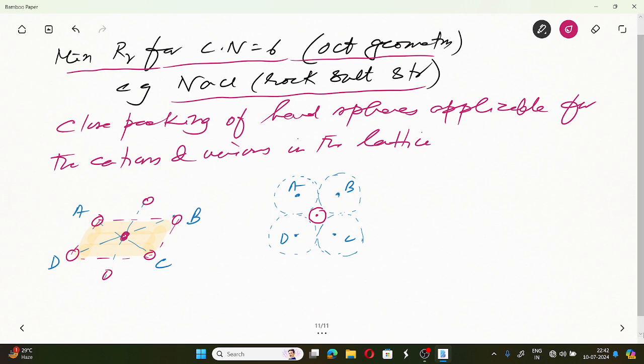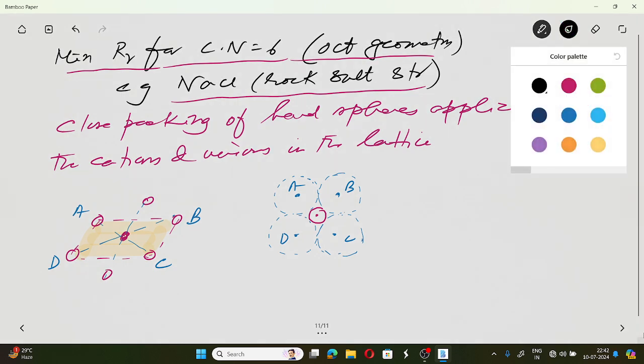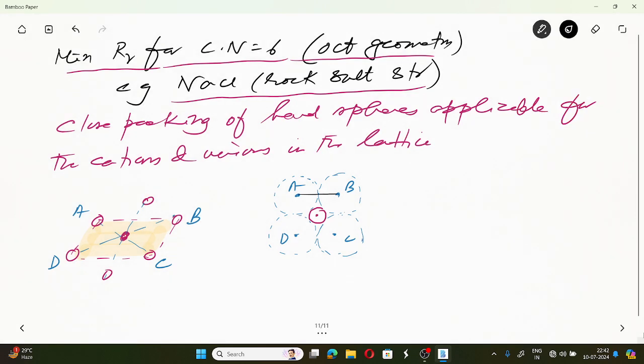Now let us join these. Suppose we join A, B, C, D, and suppose this point is O, and let us join AO, and if you extend this, it will meet at C, because it is a square.